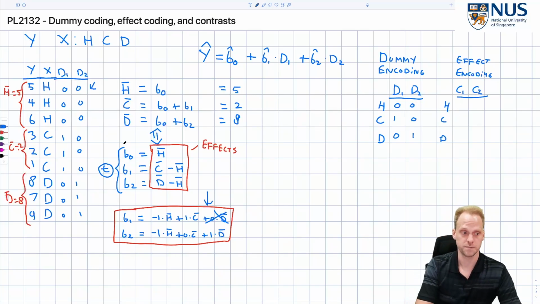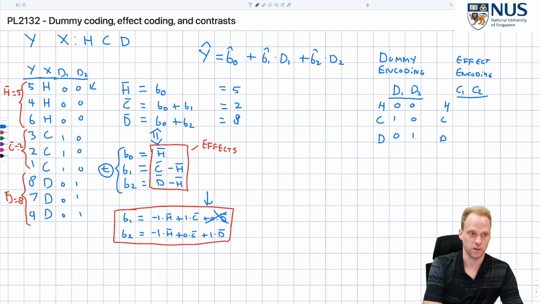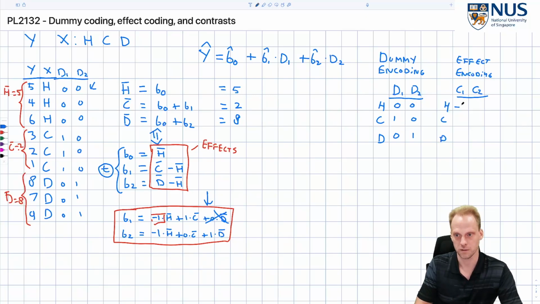And in this case, we have here a -1 for hamsters. And that leads to a -1 here. Same for the second contrast, this one and this one. Then what we see here is we have a +1 for cats. So that leads to a 1 here, right? We have a 0 for dogs.